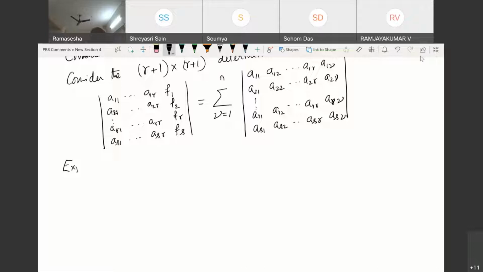What I'll get is the following: f1 times some determinant Ds1, where Ds1 is the coefficient of f1, the cofactor of f1 in the s plus 1 by s plus 1 determinant.